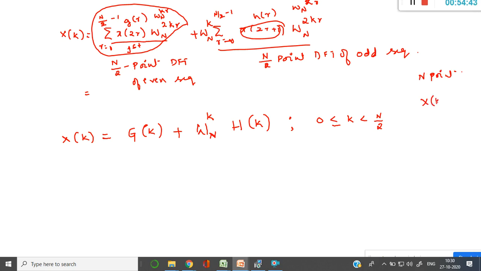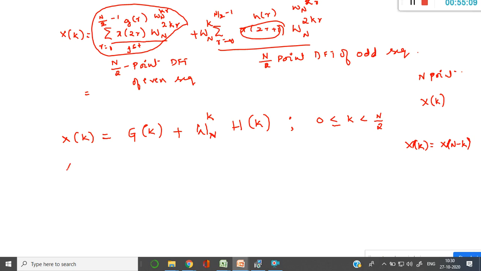You know that after we get the first half of the sequence, the next half of the sequence will be periodic in nature. In one of the classes I told you, if you get x of 0, x of 1, x of 2, x of 3 for a 4 point DFT, x of 4 will be equal to x of 0, because of the periodicity.